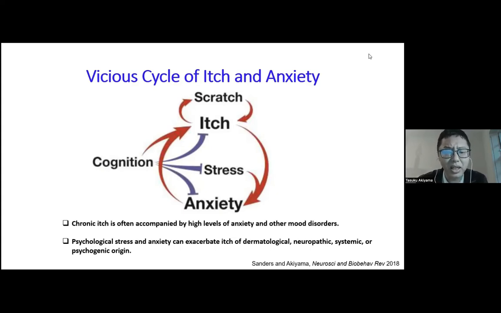In addition to the itch-scratch cycle, there is the itch-anxiety cycle too. Chronic itch patients often complain about anxiety, and experimentally induced stress or anxiety can enhance itch in any condition. So we want to stop this cycle, but we don't know how this cycle works.